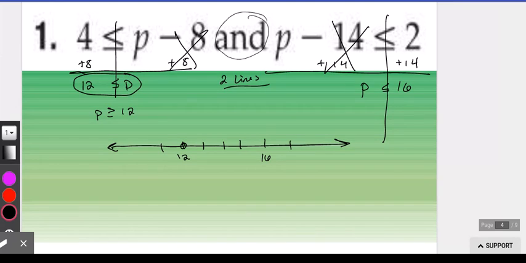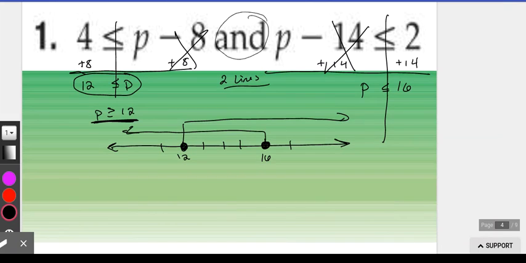This would be a closed dot on 12 going to the right. That's where it's important that we adjust this, because if we didn't adjust it, we'd be going the wrong direction there. Closed dot on 16 going to the left, and they are shaded in between. So my answer is that special way because it's in between. It's p such that, start with the smallest one, 12 is less than or equal to p, which is less than or equal to 16.